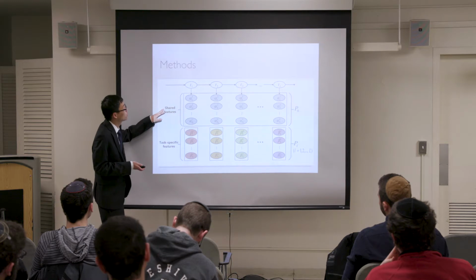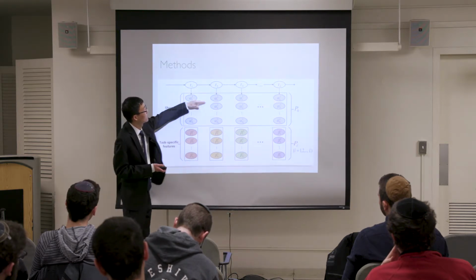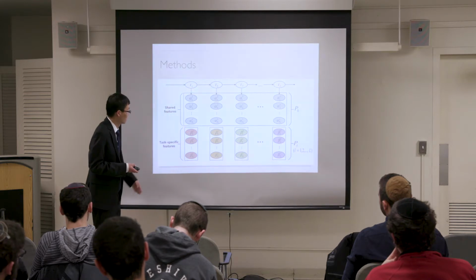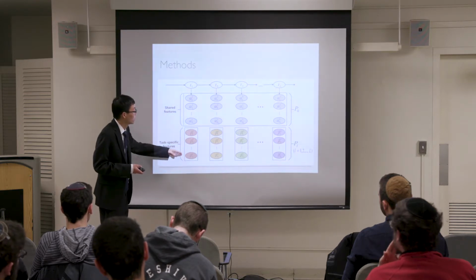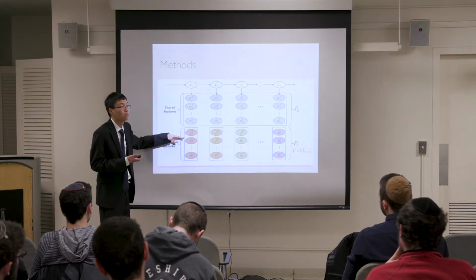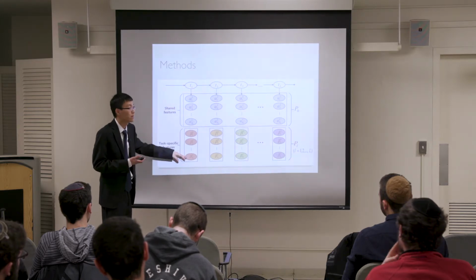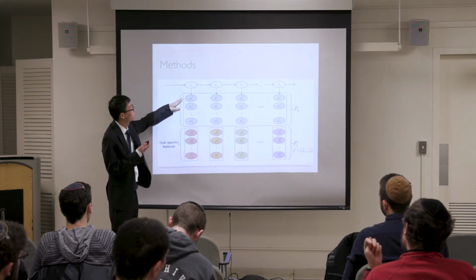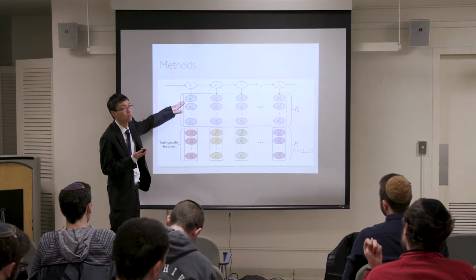So for the shared features, we will jointly estimate the coefficients across different tasks. For the task-specific features, we use L1 regularization to estimate the coefficients. So we can maintain an element-wise sparsity for the task-specific features, and for the shared features, we can maintain a group-wise sparsity.